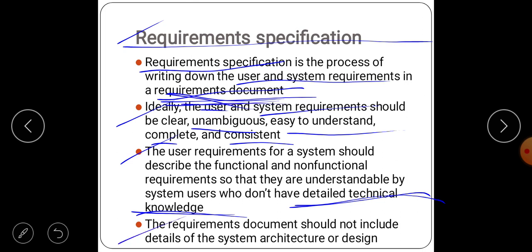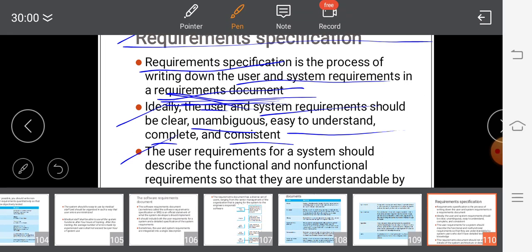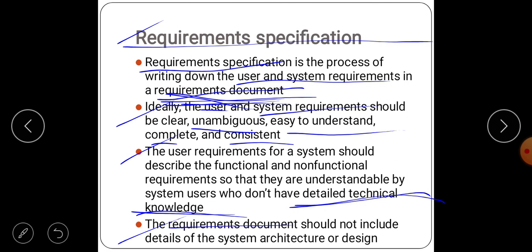Okay, the requirement document should not include details of the system architecture and design.